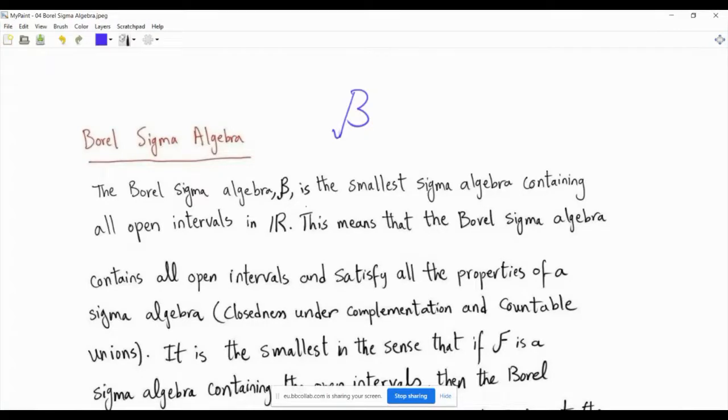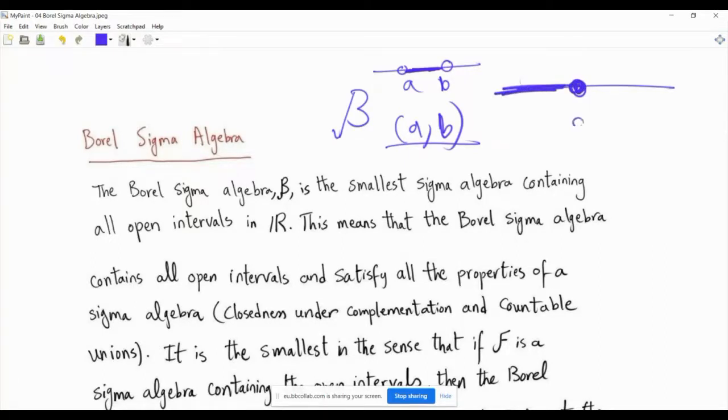So if you choose in your Borel sigma algebra the open interval (a, b), then you are under obligation to choose also the complement. So you need to choose from -infinity to a and from b to infinity, right?